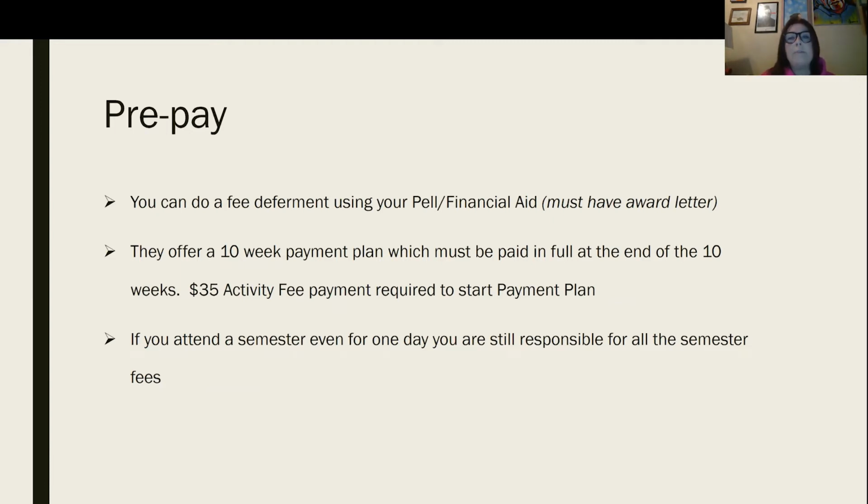You would do that by contacting the bursar. Laura has put the email to the bursar in the chat. That is the email that you'll utilize when you're communicating about your fees or any fines that you have to clear up to get your business hold satisfied.